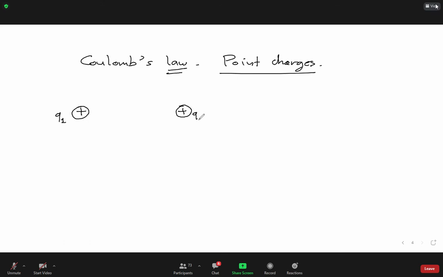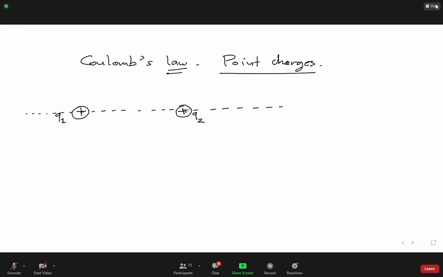For some reason, Q is a very typical letter when we discuss charges. Now, these are supposed to be points, not extended objects, which means they define a unique straight line between them, right? It's a postulate of Euclidean geometry that there's only one straight line that goes through any 2 given points. So there's no ambiguity here.